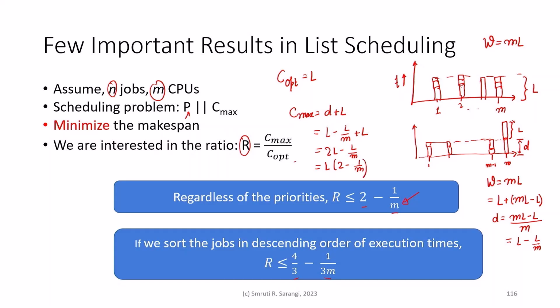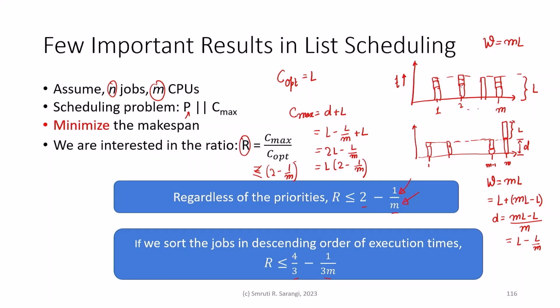So this is your Cmax. So Cmax by COPT, where COPT is L, is L into 2 minus 1 by M over L. So Cmax by COPT is less than or equal to, because we considered the worst case, 2 minus 1 by M, which is exactly the relationship that you have over here.